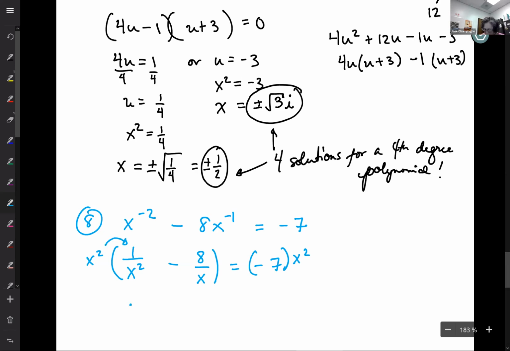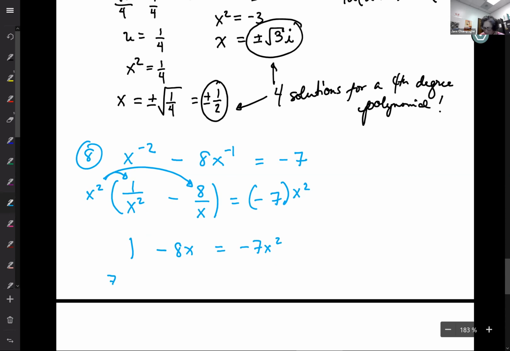Distributing, you get 1 minus, here one of the x's cancels, so you're still left with 8x equals negative 7x squared. So then add 7x squared to both sides and rearrange.